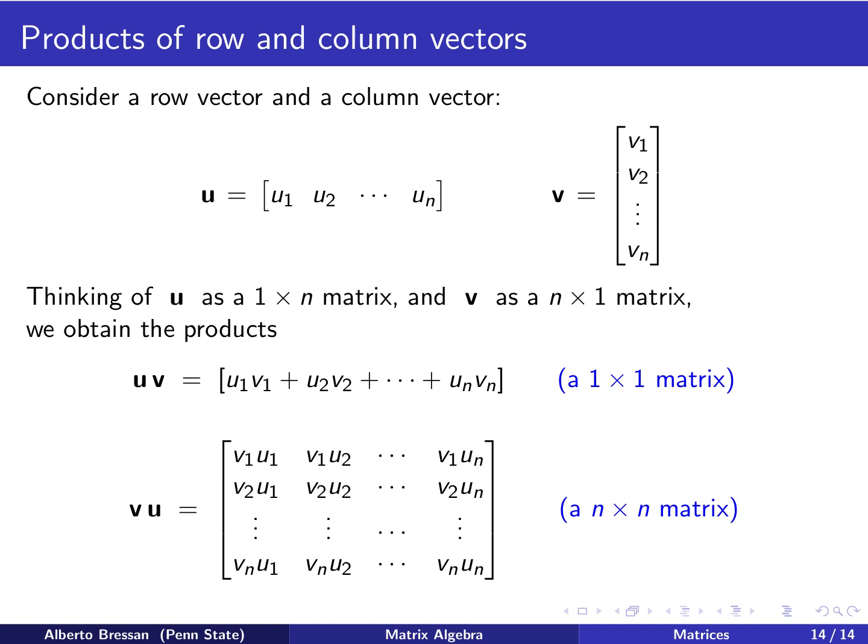V1 times U1 will be here, V1 times U2 will be here, and so forth, and V1 times UN will be here. Then you go to the second row, V2 times each of them will be put here, and then all the way through to the last one. So this product V times U in the end will give you a complete N by N matrix.